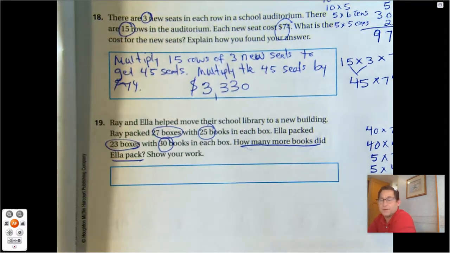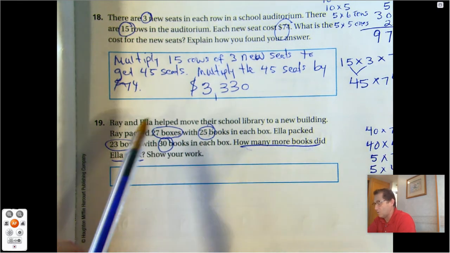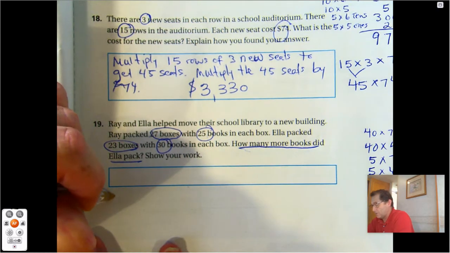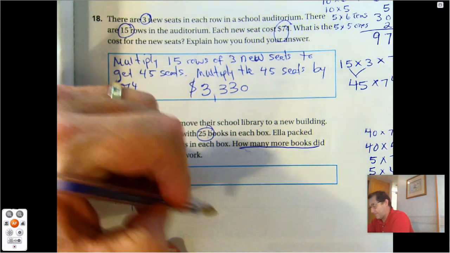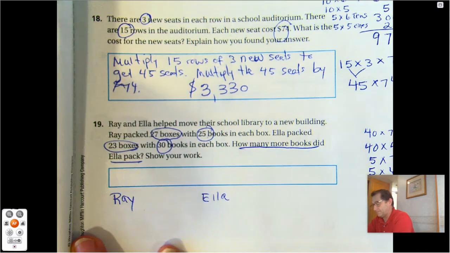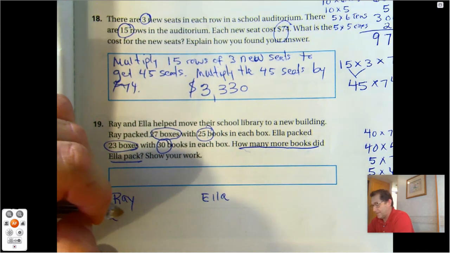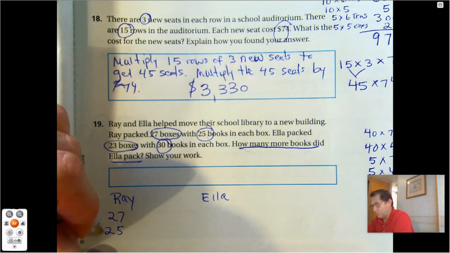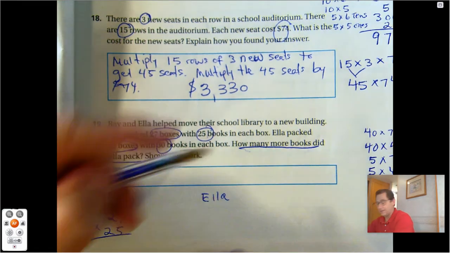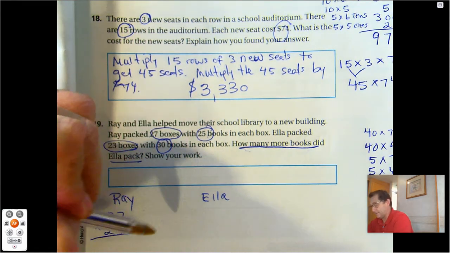The first part, I'm going to have to multiply. So Ray and Ella. So Ray is 27 times 25. Ella is 23 times 30.